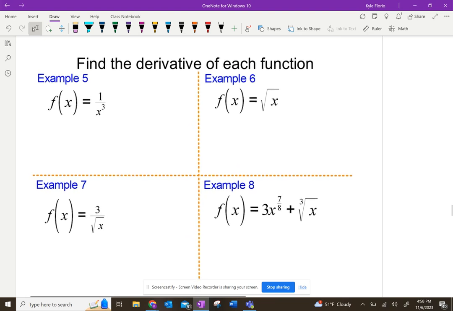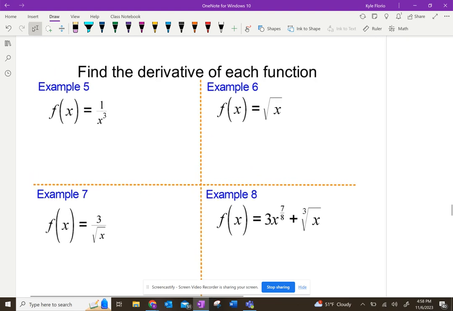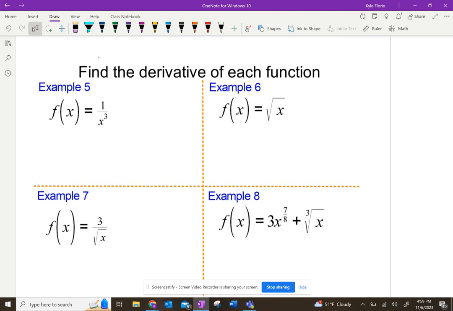Now, these 4 examples are still ones where I'm going to use the power rule, but we have to do a little bit of rewriting because we need it in the form x to the n. Then I can use the derivative rule that the derivative is going to be n times x to the n minus 1. So I'm going to rewrite this. 1 over x to the third is equivalent to x to the negative 3.